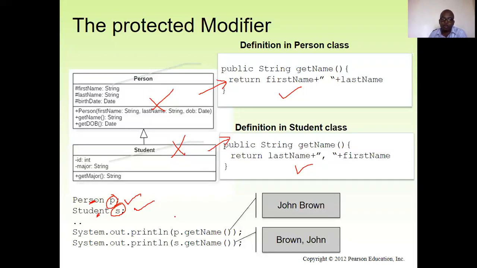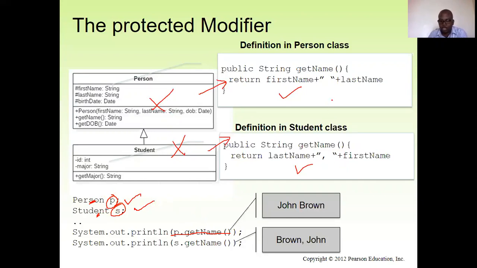So when I send p.getName, which of the getNames is executed? This one?